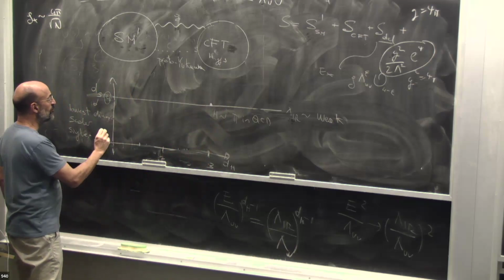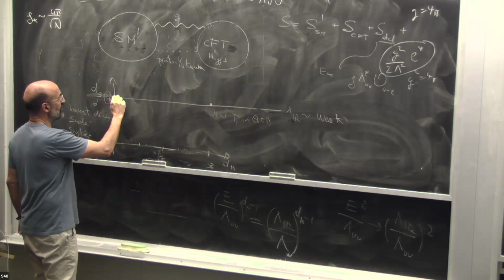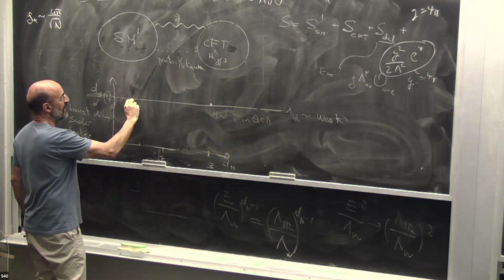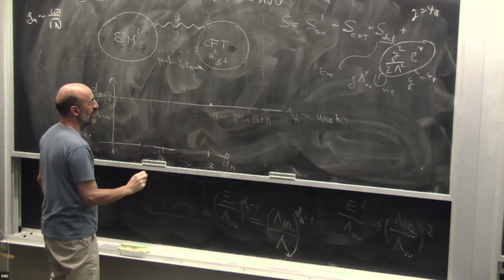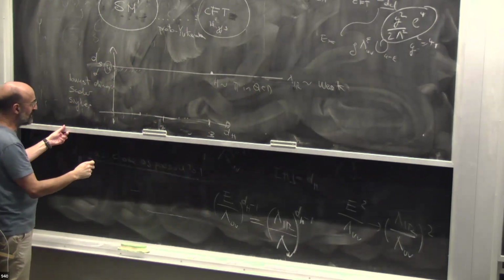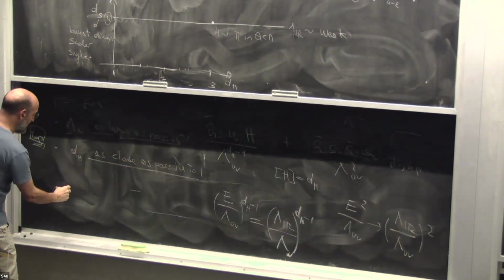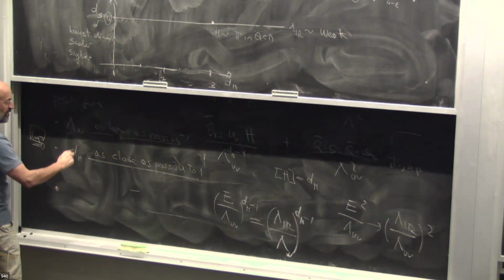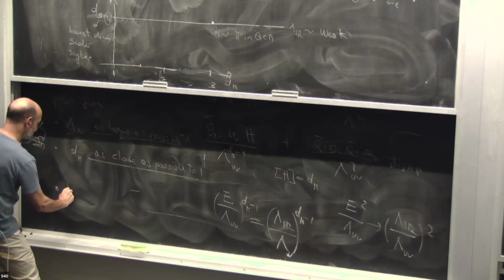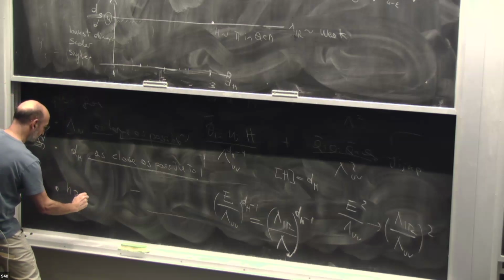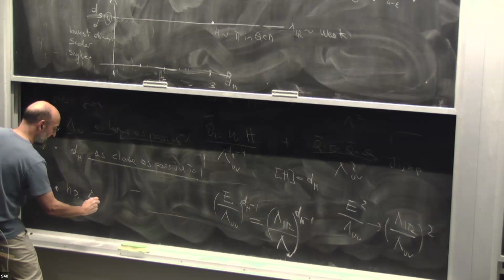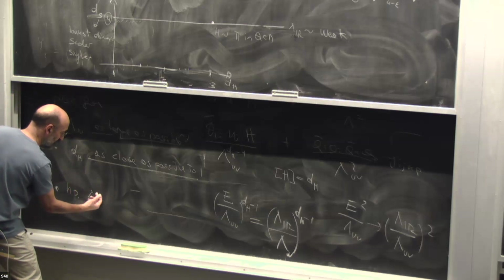So the region where you want to be is sort of a region like here, for the dimension of S. Let's assume the dimension of S is close to 4.